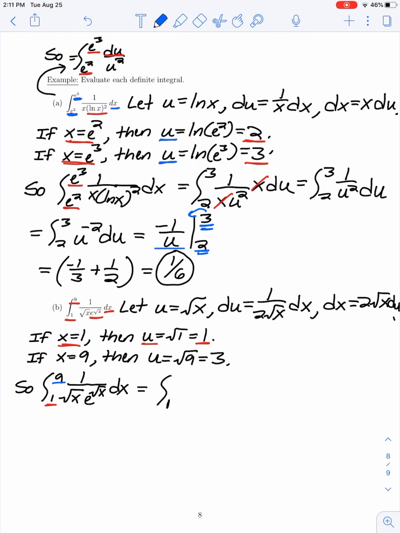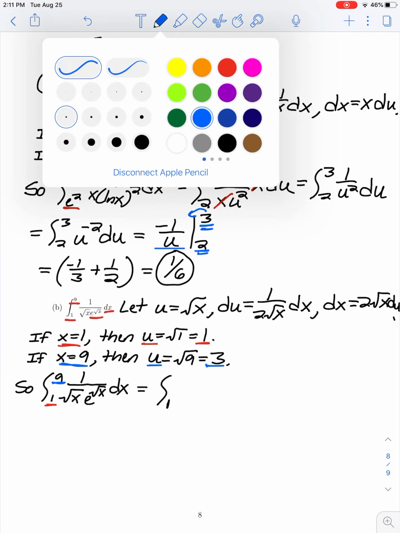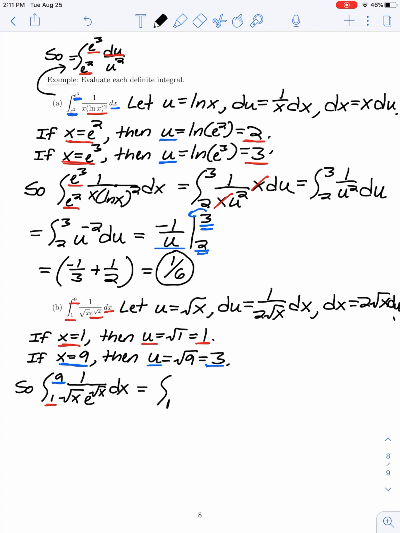And we said when x is 9, our upper limit of integration, then u is 3. So our new upper limit for the integral is 3. And we're now left with 1 over the square root of x times e to the u power. And then dx, we said, was 2 square root of x du.